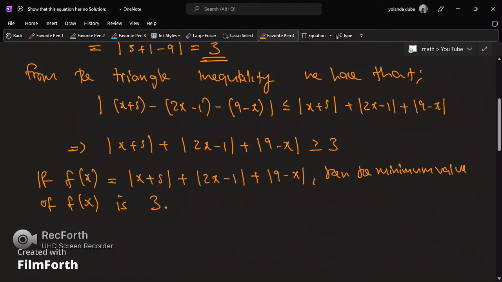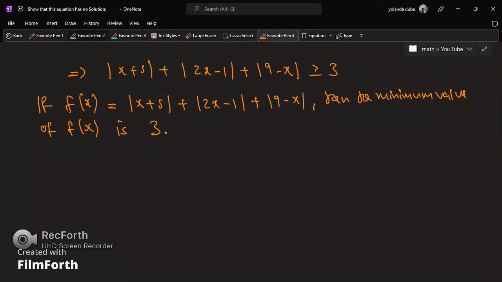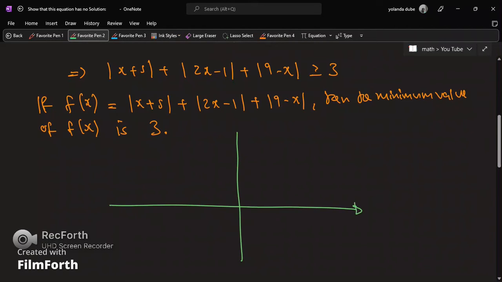So we see that the minimum value of this function is 3. If you were to make a rough sketch of this function, we do not know exactly how it's structured, but we know that definitely the minimum point this function is going to reach is sitting at a y value of 3.